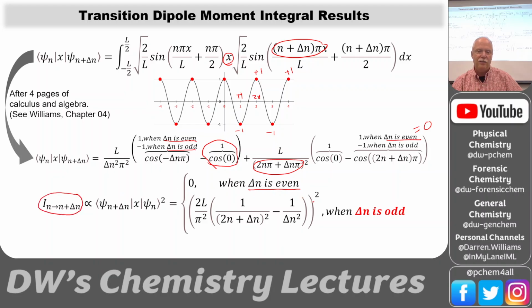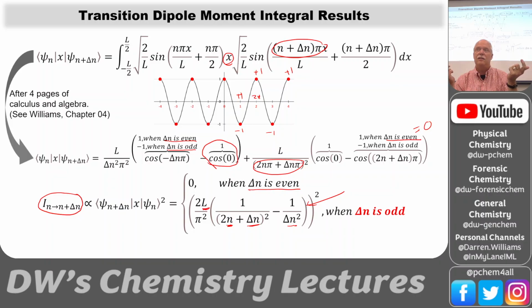So now this is great because we can calculate the intensities of our peaks. If I know the starting point, like if I'm starting in n equals 1 and I'm going up by delta n of 3, then I can put 3 here and 3 there. And if I know the box length, okay, notice what's not in here.